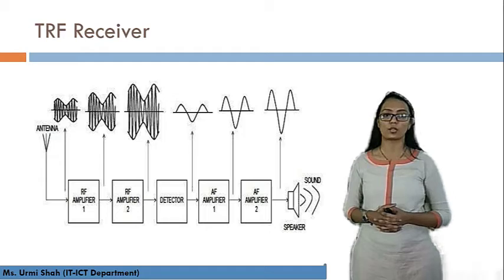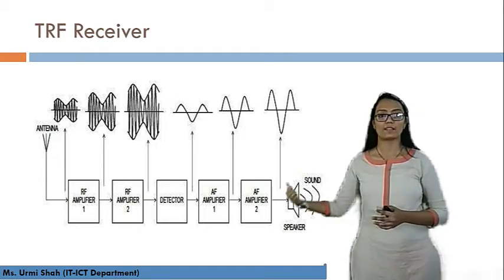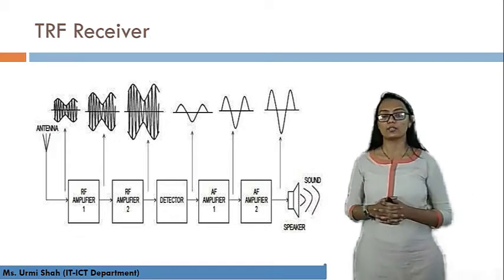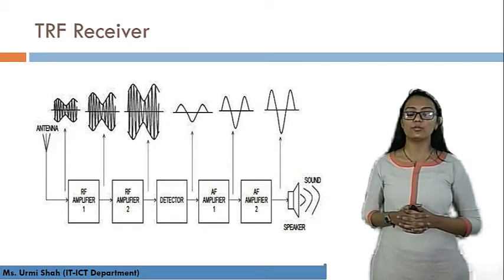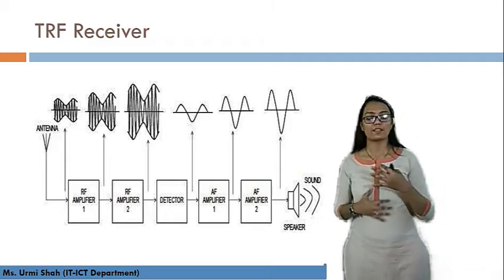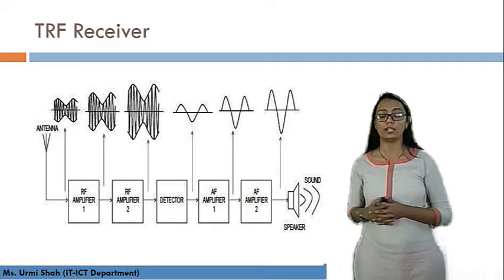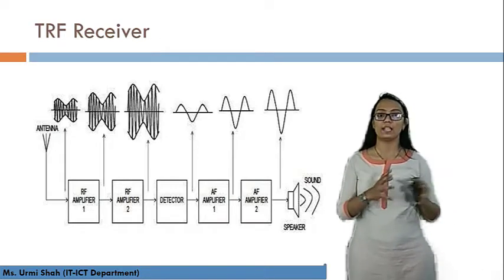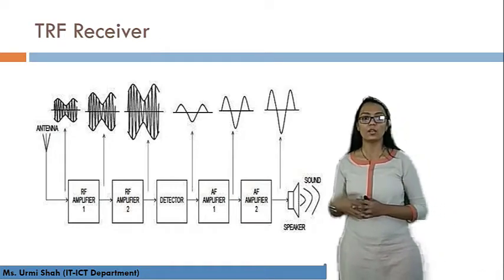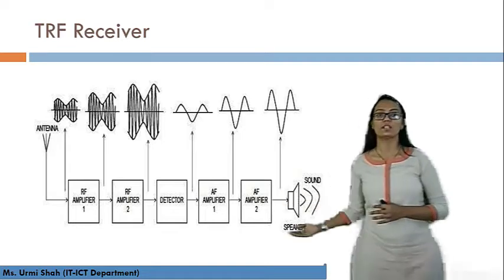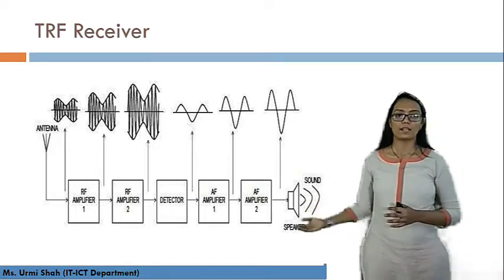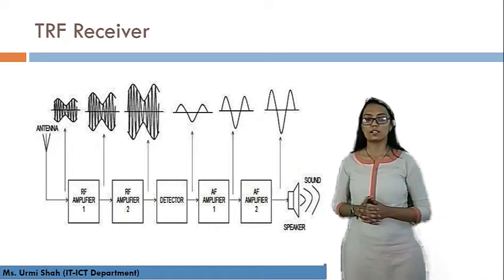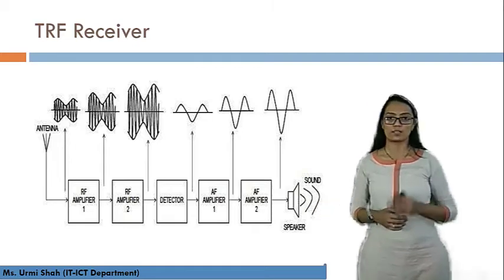Then it is passed on to the demodulator block, that is our detector block, and from the detector block it is processed to the audio frequency amplifier, that is our AF amplification unit. Further we have two AF amplifier stages, and at the end it is transmitted to the speaker, which produces the sound signal that was originally transmitted.